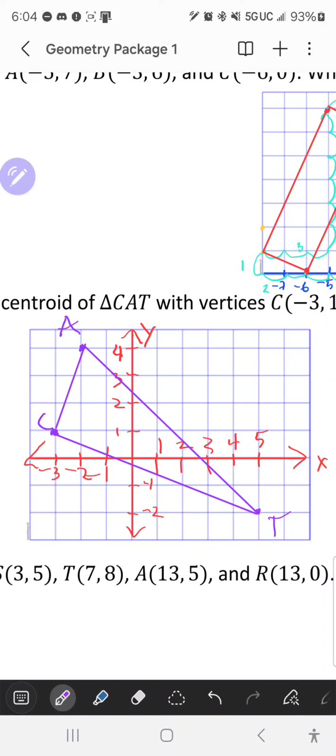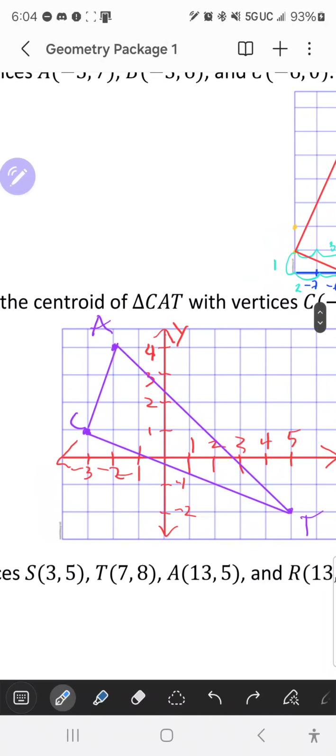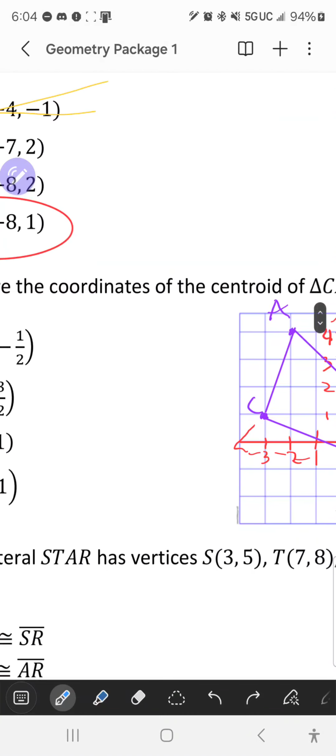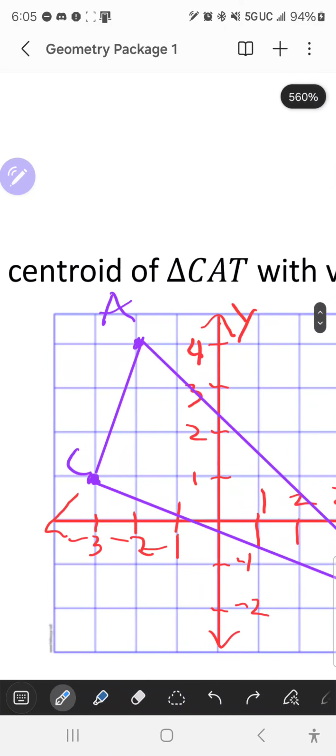Now we know that the center will be something like this, but we want to calculate it. So let's just calculate the midpoint of the other side. So the midpoint of CA. We can do the formula, but since I already explained the formula in other videos, what I would like to do now is just counting.